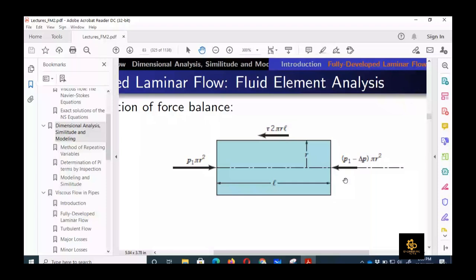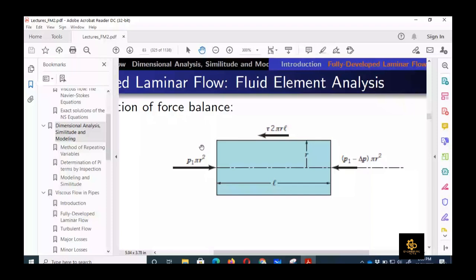So delta P is the pressure drop occurring through this length L, into pi r squared. Then there would be a resisting shear in the negative x direction, which is tau, and because it acts on the surface of this element, the surface area of this cylindrical element would be 2 pi r L, right? We know that the surface area of a cylinder is 2 pi r L, with the third dimension going into the board being a circular cross section.